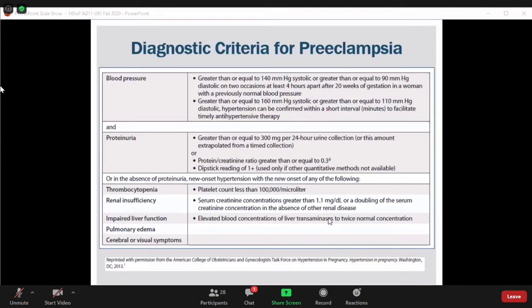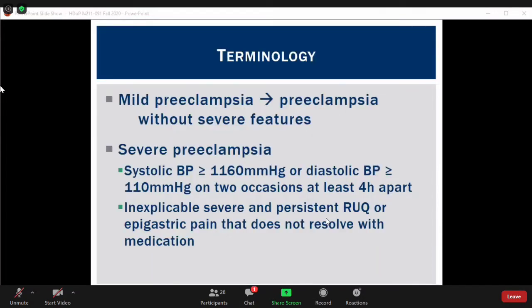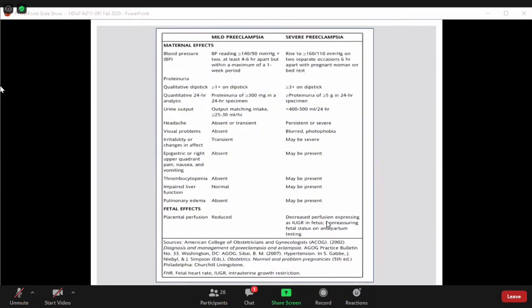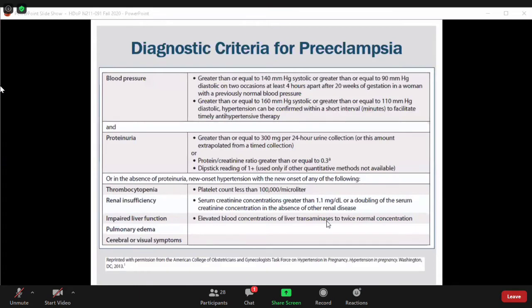Okay, so diagnostic criteria. Basically, when you're talking about mild, I'm hesitating because the standards are not really changing, but we're seeing so many preeclamptic patients that it's getting a little bit more fluid.